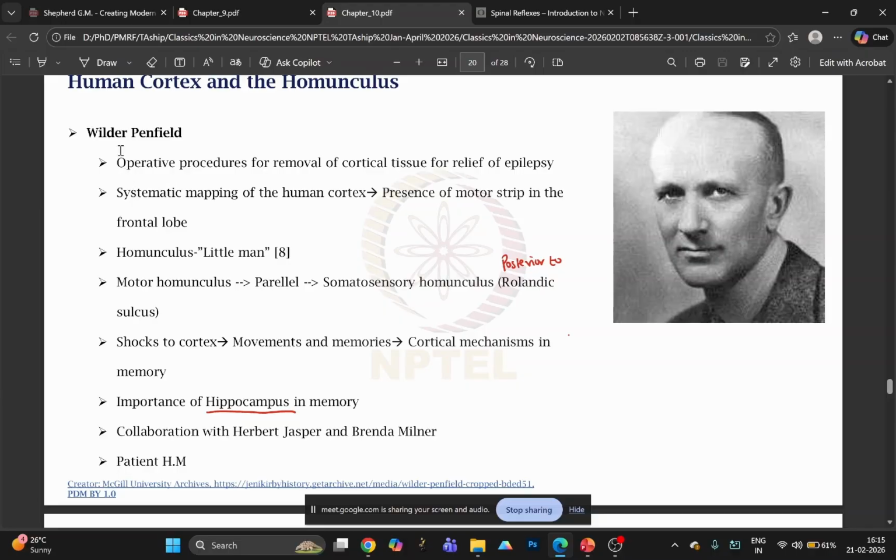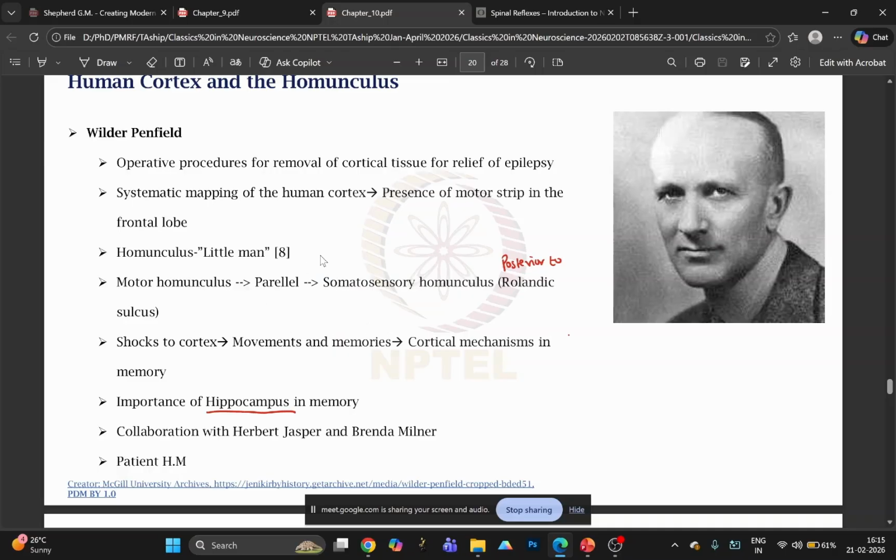During that time, he also systematically mapped the motor cortex. And when he was doing that, he found the presence of motor strips in the frontal lobe. Similarly, other people found the same in the somatosensory system and so on.